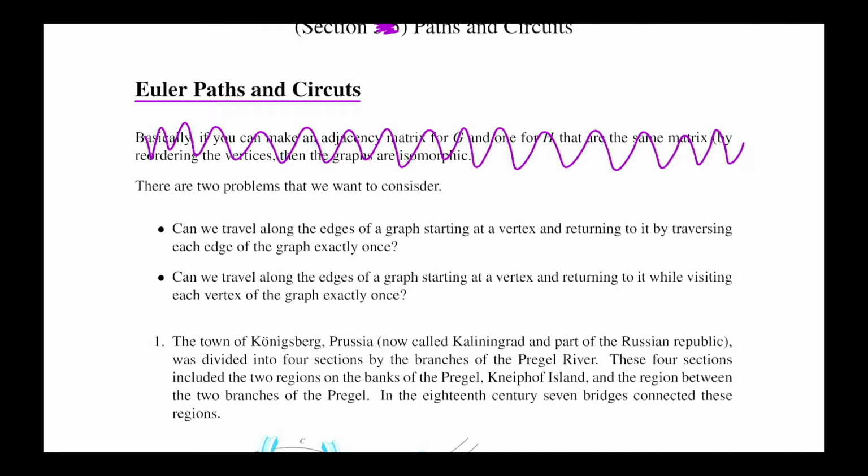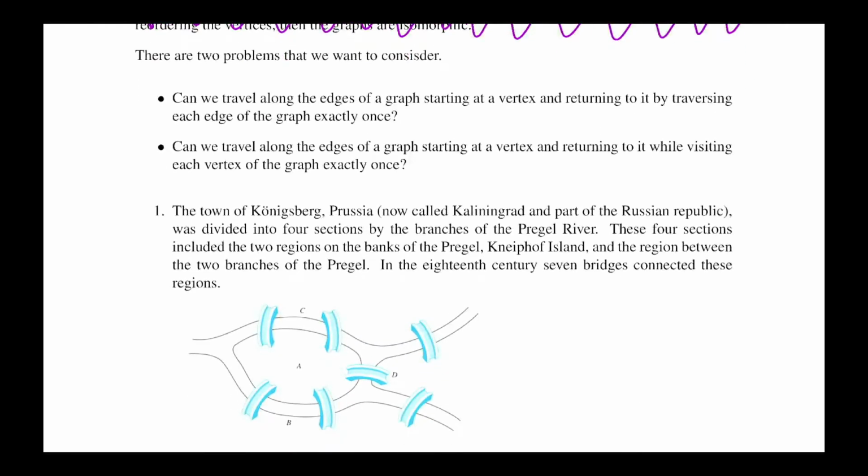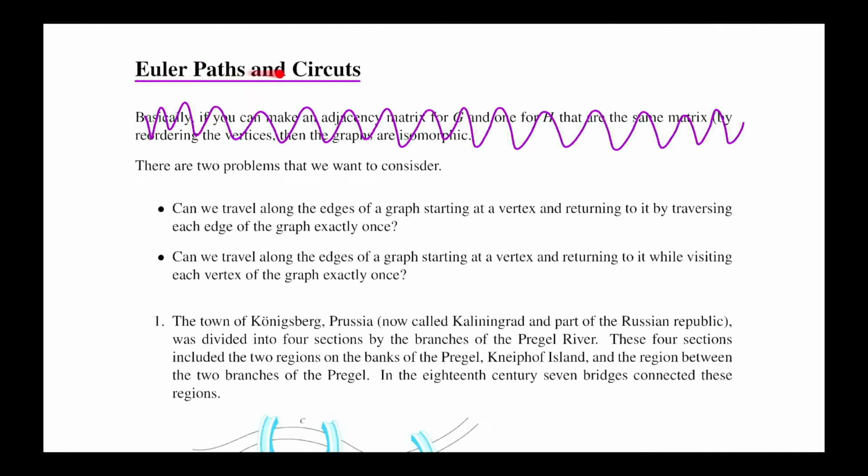Okay, let's actually talk about what we do want to do, which is the problem of Euler paths and circuits. We were just talking about paths and circuits because specifically I wanted to talk about Euler paths and circuits. An Euler path or an Euler circuit is going to be a path or a circuit that uses all of the edges in the graph. So if you read these here, can we travel along the edges of a graph, starting at a vertex, returning to it by traversing each edge of the graph exactly once?